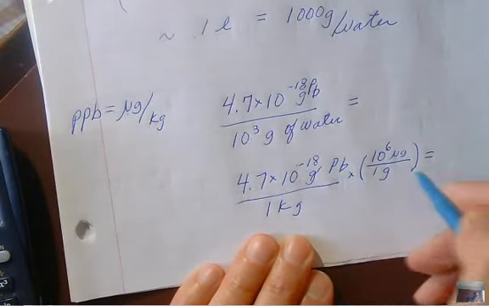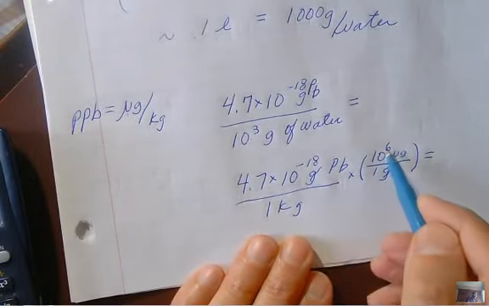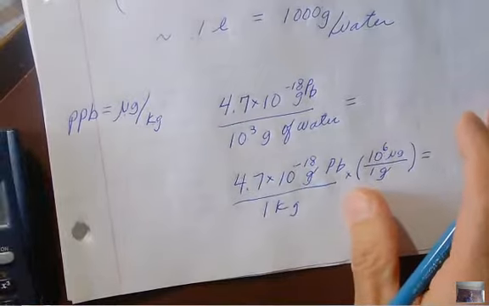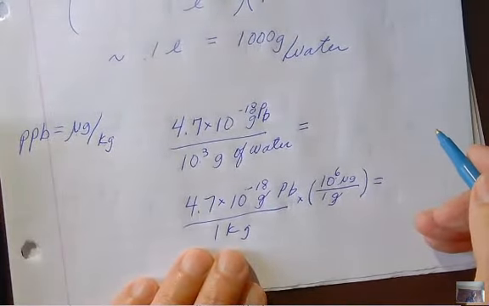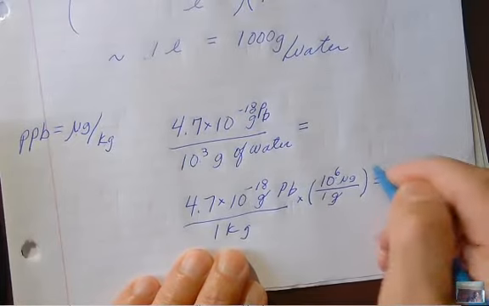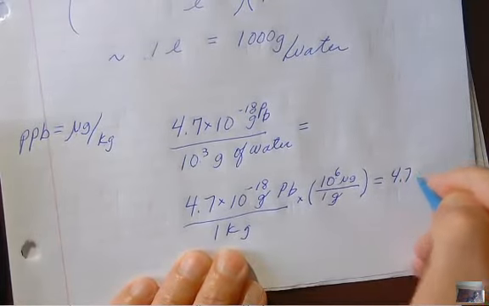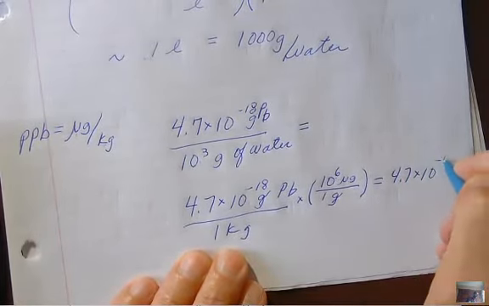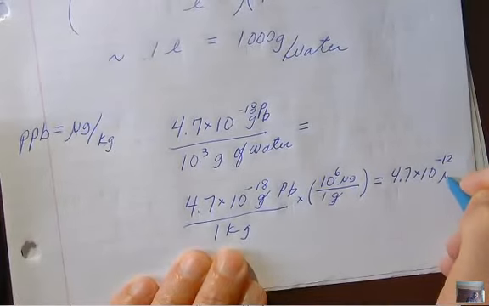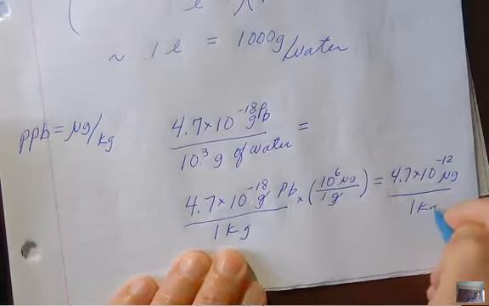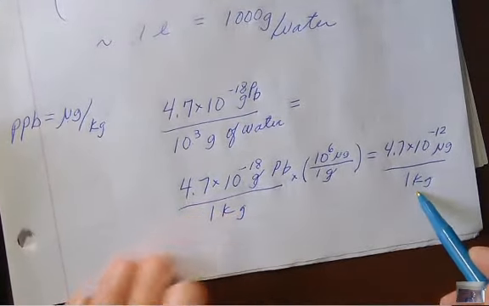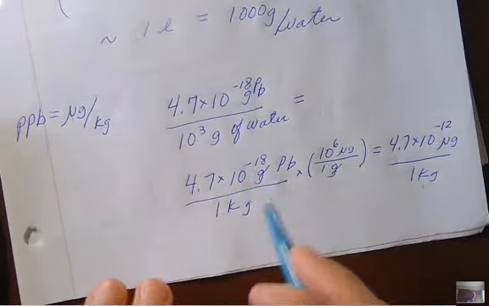So grams cancel out. 18, take away 6 is 12, right? So this is going to be 4.7 times 10 to the minus 12th micrograms per 1 kilogram. And micrograms per kilograms, guys, is parts per billion.